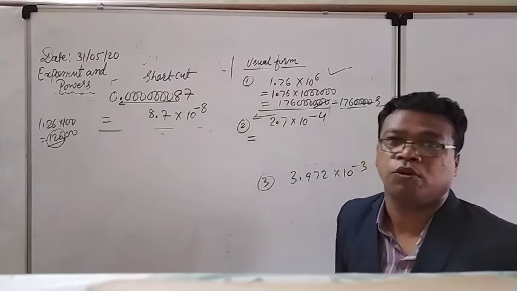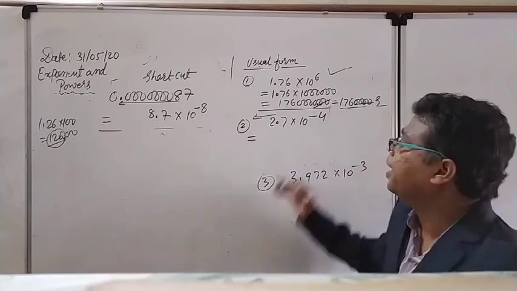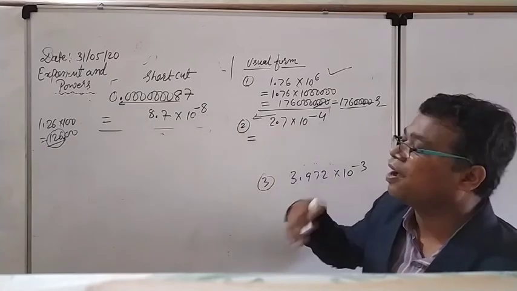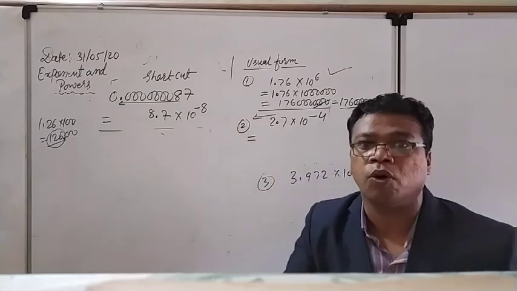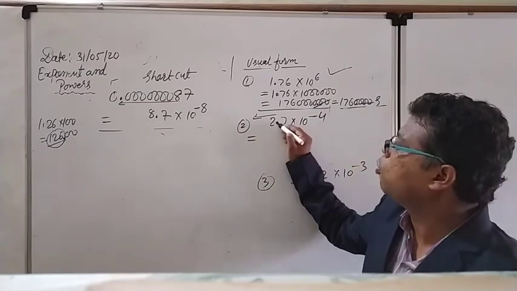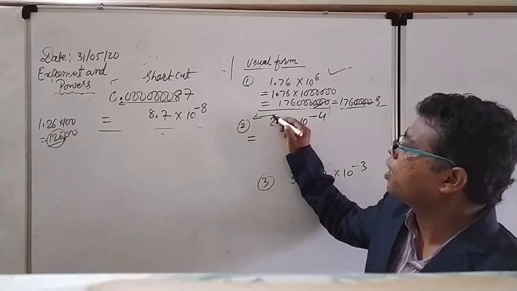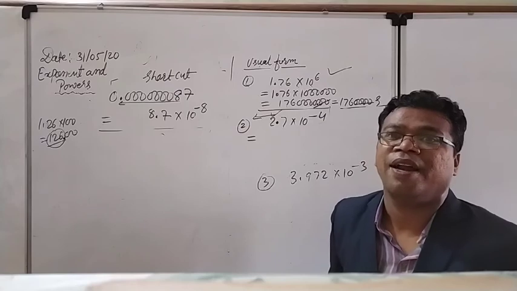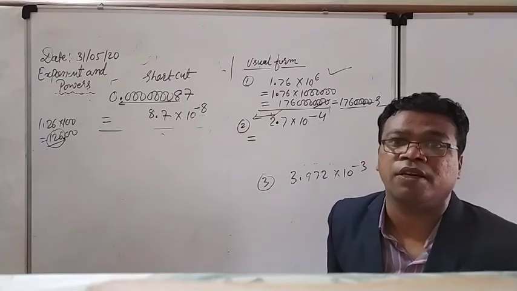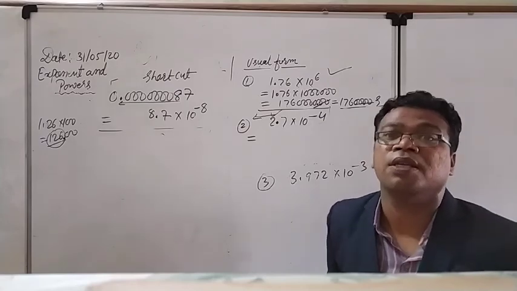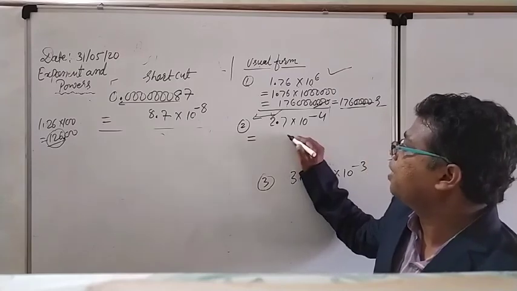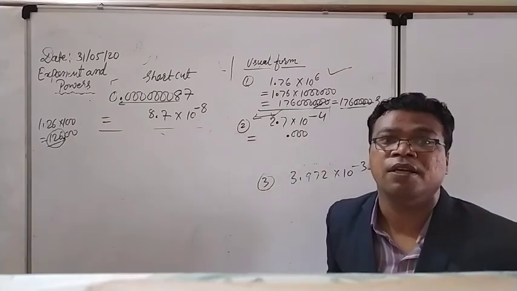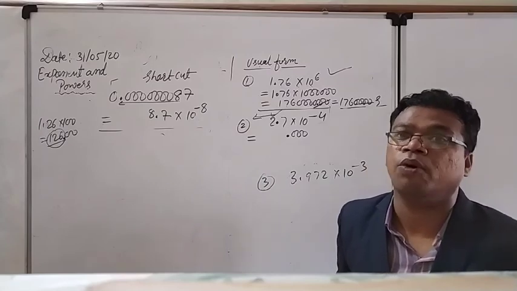So if I am shifting the point 4 digits, what do I get first? 2 is the first digit. And after that 3 more digits are not there, so I will take the help of 0. Meaning before the point, how many zeros will be there? 3. Then only it will be countable as 4 digits.